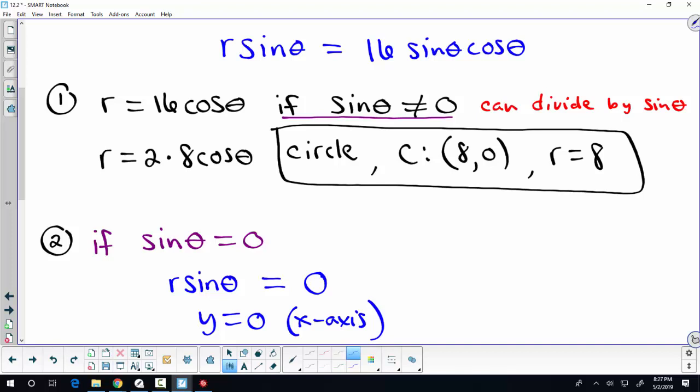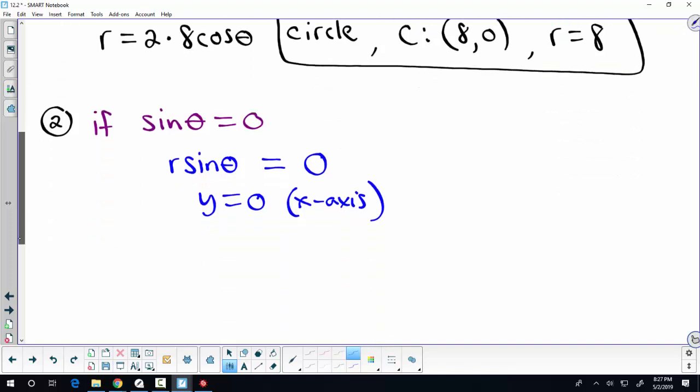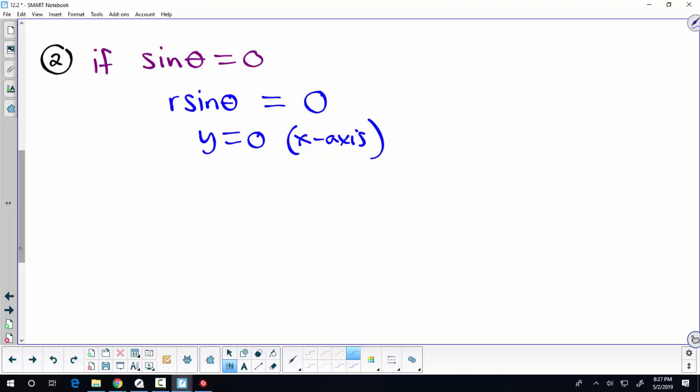So hold on, if sine theta was 0, wouldn't that be r times 0? Yeah, which means that r is kind of able to be whatever it wants, right? It's anything times 0. I don't know, there's something that still bugs me about that problem.